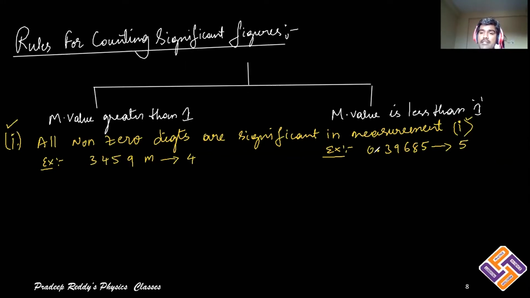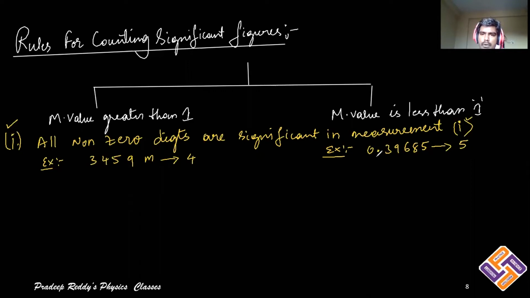There, the left side 0 you should not count. The left side 0 should not be counted because the value is already less than 1. Less than 1 represents 0 point something. Therefore, after the decimal point, whatever digits are there, only those you need to count if it is less than 1.